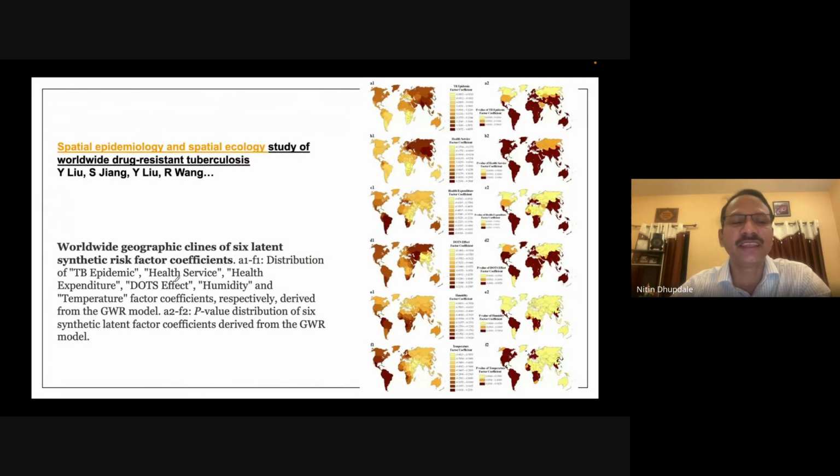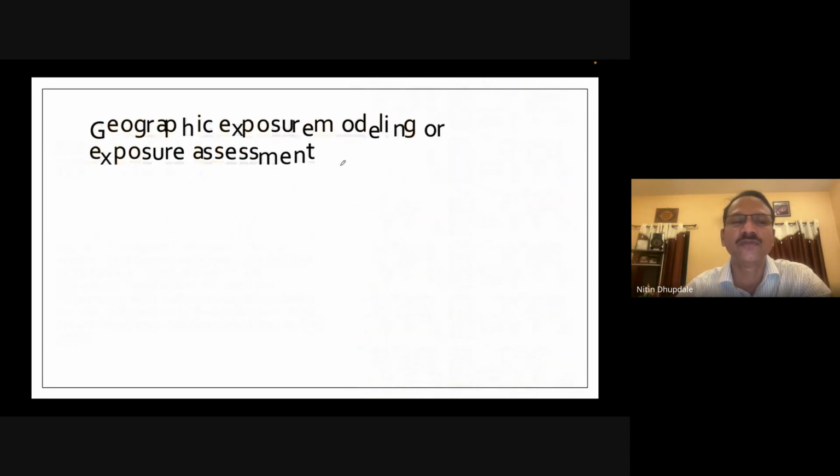Then they studied various factors like health surveys, health expenditure, DOTS effect, and mapped the disease by taking these various factors. They have produced a lot of impressive maps which give us different information.